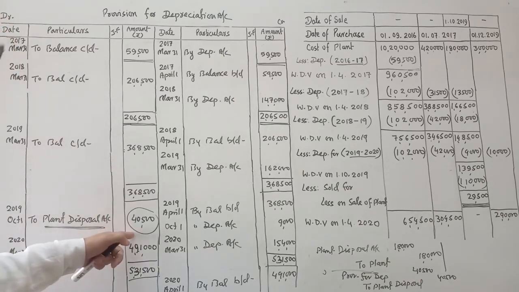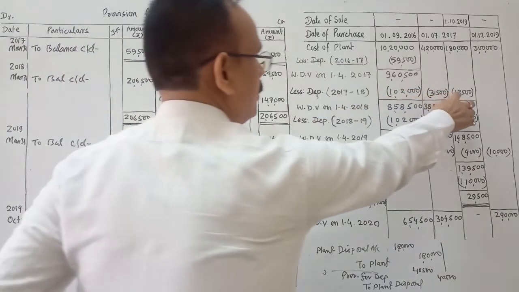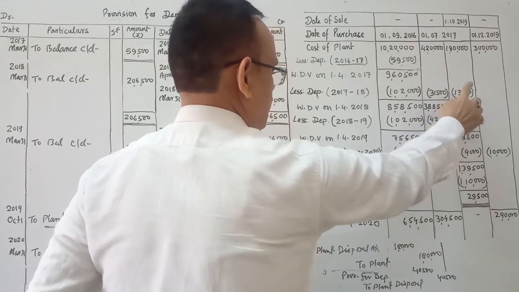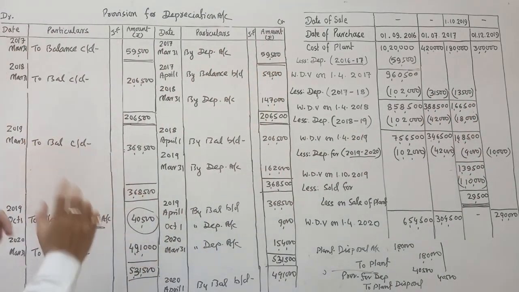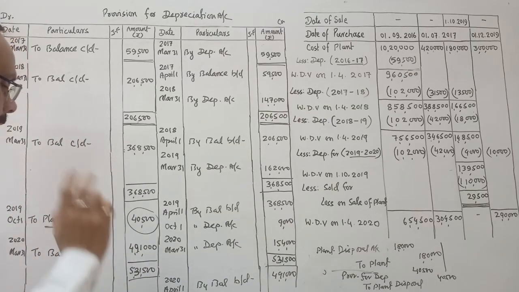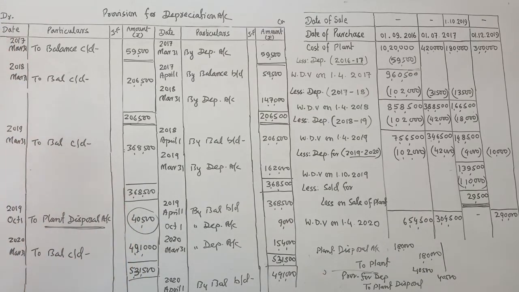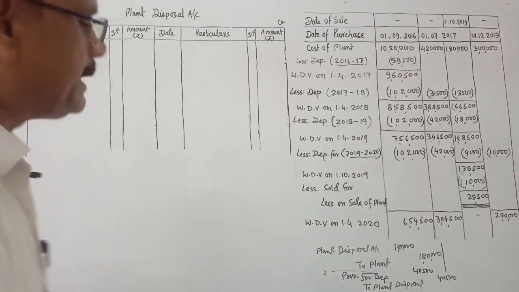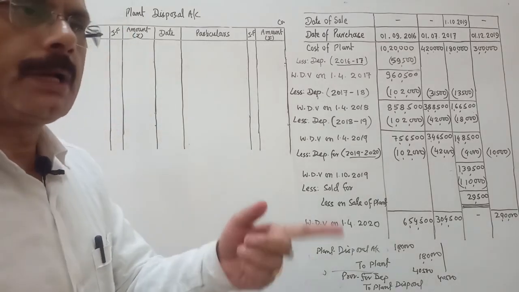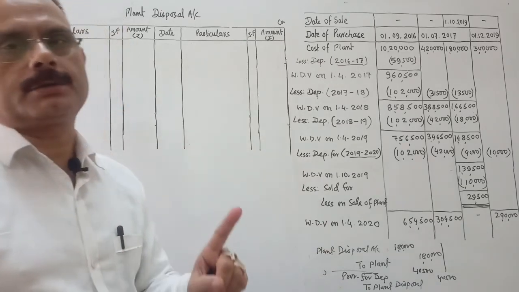How has this figure come? It is the total depreciation of the machine sold, 13,500 plus 18,000 plus 9,000. The total is 40,500, which will be transferred to the plant disposal account. Now come to the next ledger prepared by us, the plant disposal account.